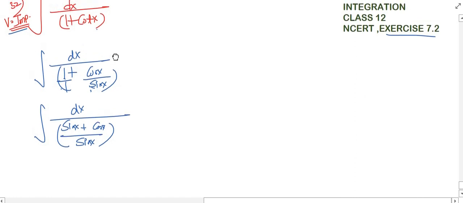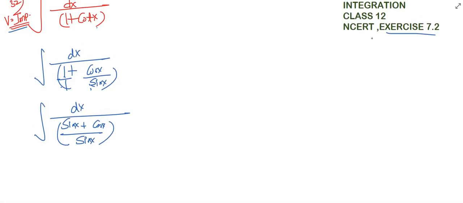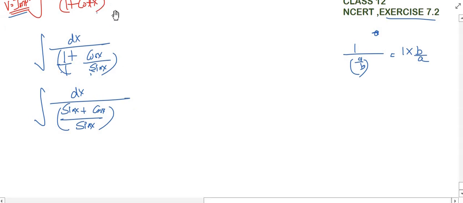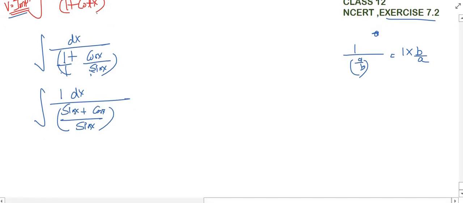Okay. Now what happens usually, if you know, if we have 1 by a by b, so what happens? 1 into, this flips and comes up, b by a. That is what happens. So I will do that here. This is 1 by this, correct?